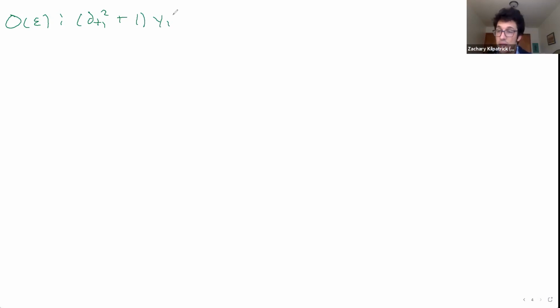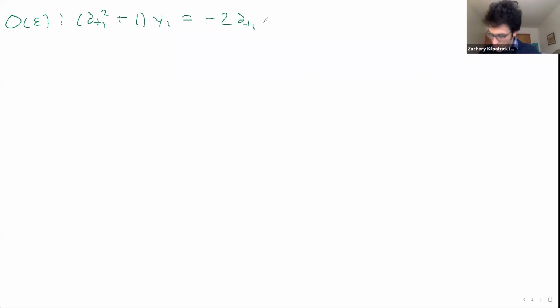On the left-hand side, you have some linear operator acting on your next order term, okay? And then we're going to have some inhomogeneity on the right-hand side that could potentially involve secular terms that we'd like to cancel out. And that is how we pin down the amplitude of our leading order term, okay?